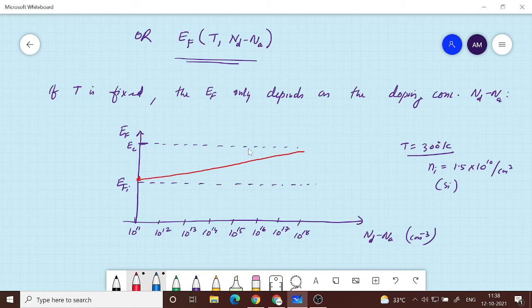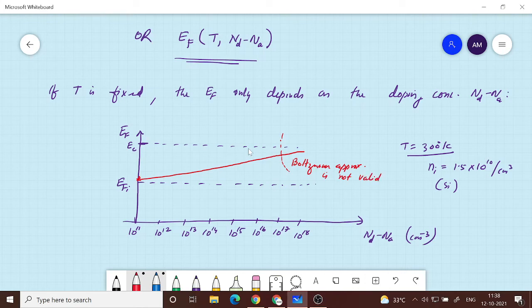Now our Boltzmann approximation breaks down somewhere here. So somewhere here we cannot use the Boltzmann approximation, and we have to be careful. In this range, the Boltzmann approximation is not valid.